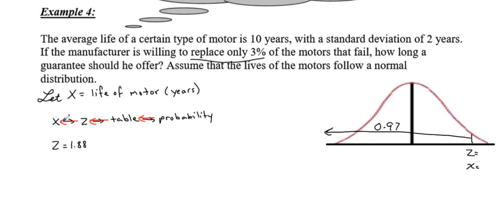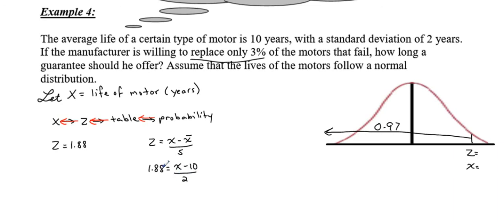Now what we're going to do is figure out the x value using the z-score formula. So the z-score formula is x minus x bar over the standard deviation. The z-score is 1.88. The value of x is what we're trying to solve for. The mean is 10 years and the standard deviation is 2.